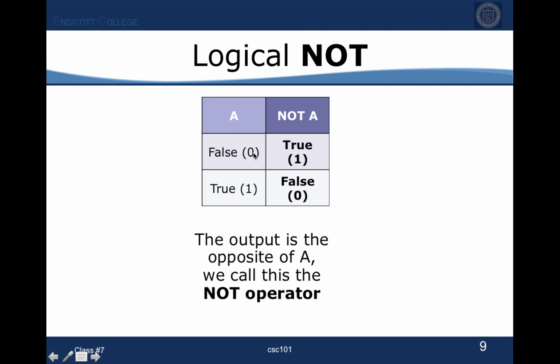So I listed here, it could be false or it could be true, in either order. What would I say about not A in both cases? If A is false, then not A is true. If A is true, then not A is false. So not is the thing that just flips one to the other, to whatever it isn't.